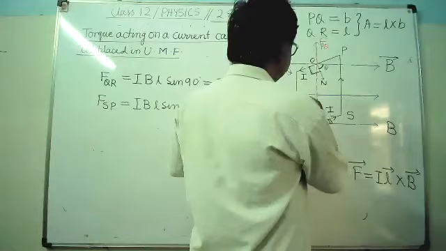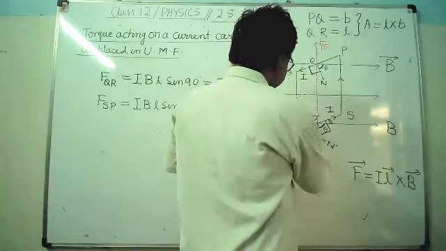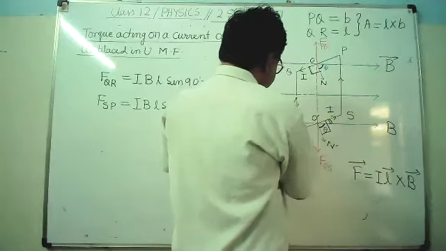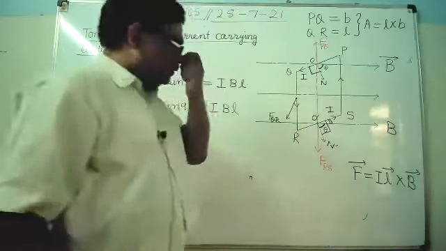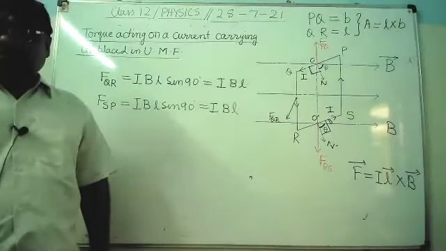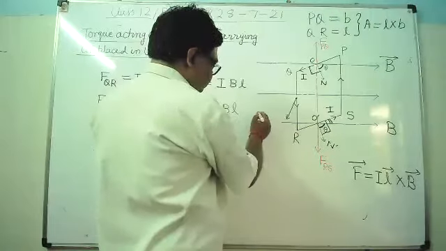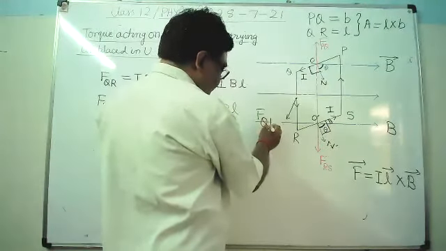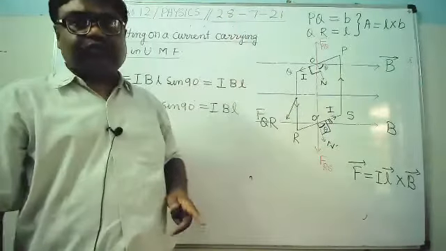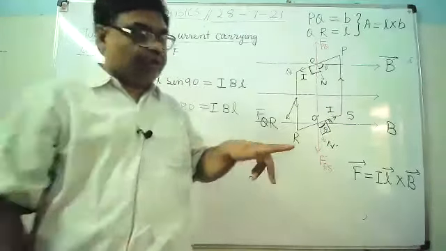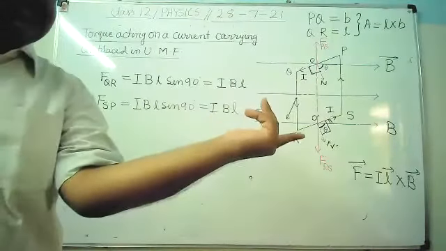So I am showing the force F on QR. Similarly, if you see here, what will be the direction on SP? Here the current is flowing upward. So I, B, F, you will adjust like this.